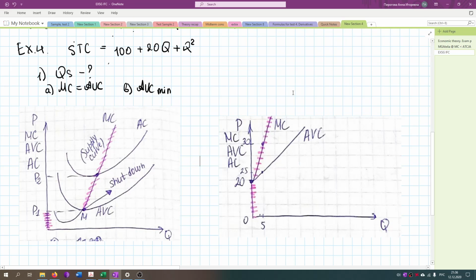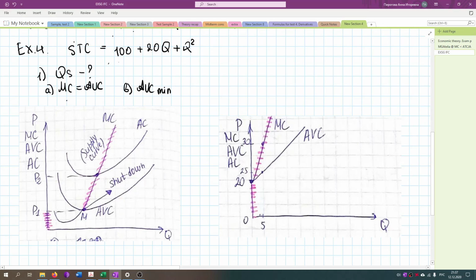Let's consider the next exercise, which is about short-run total cost, points of shutdown, and so on. So we are given our short-run total cost equation.